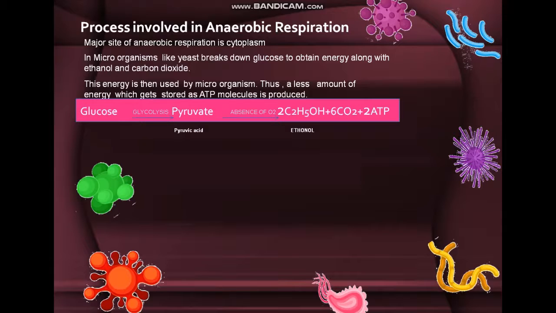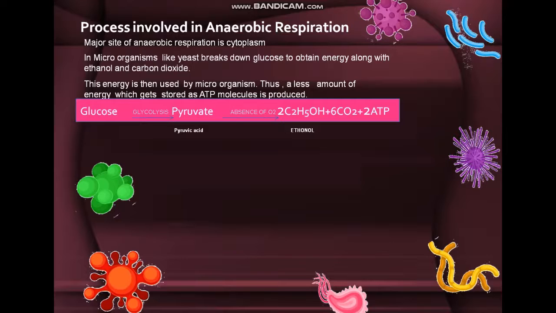The equation for anaerobic respiration: glucose again undergoes the glycolysis process, which releases pyruvate, that is, it gives pyruvic acid, and in the absence of oxygen. In aerobic respiration, we need oxygen, but for anaerobic respiration, we do not require oxygen.